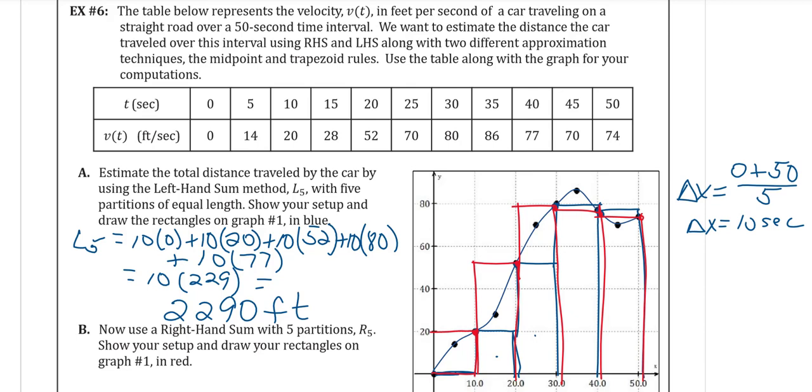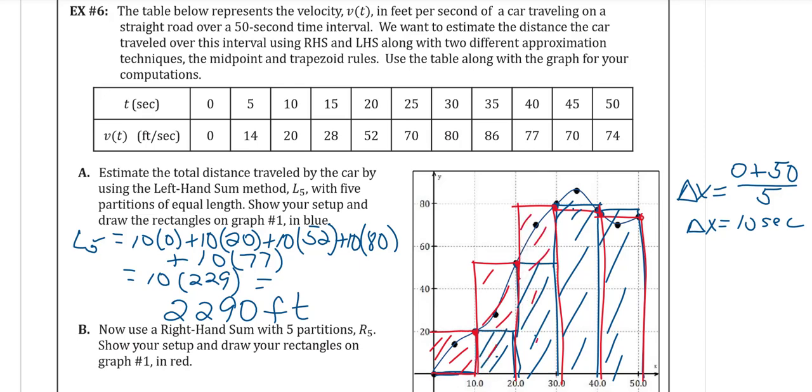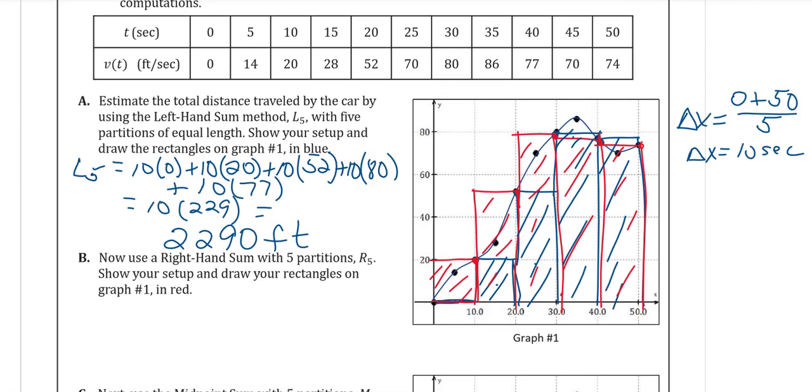I'll make it a little easier. So I have none there. There's my blue one. And then my red ones also include all this. So you can see in a curve like this, there's no perfect over or under part. It's some of both.